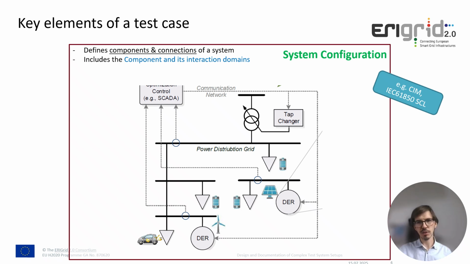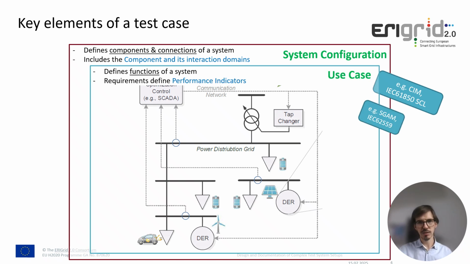This way, we can describe the components and connections of the system, but not yet what it does. To this end, there exists the use case, which defines the functions of the system. It can also define requirements such as performance indicators that the technology should be measured on.